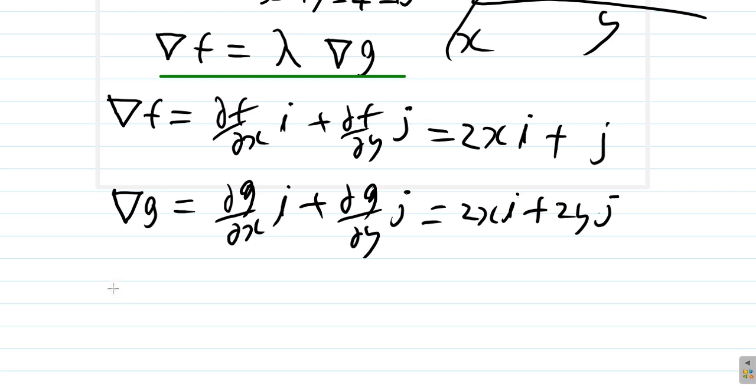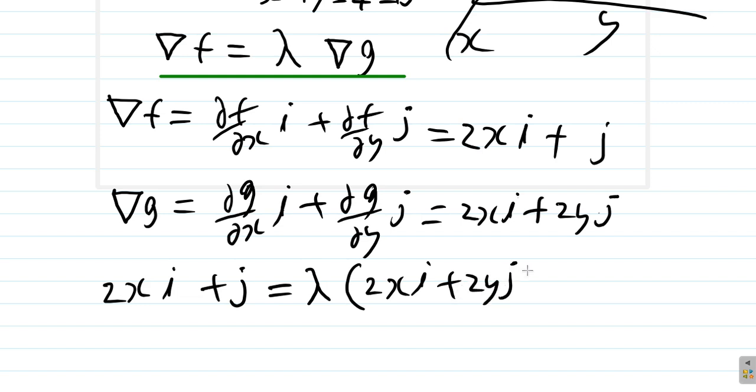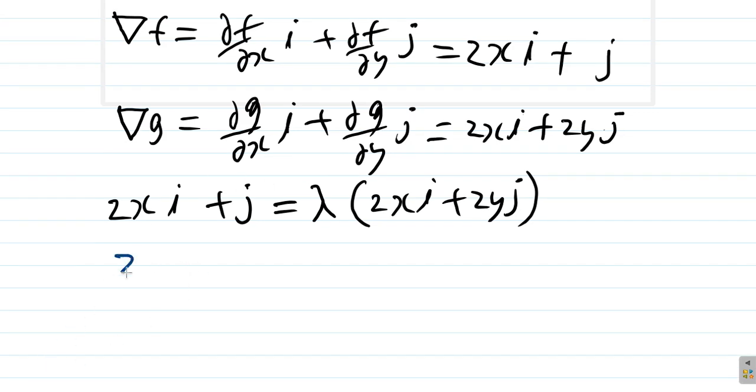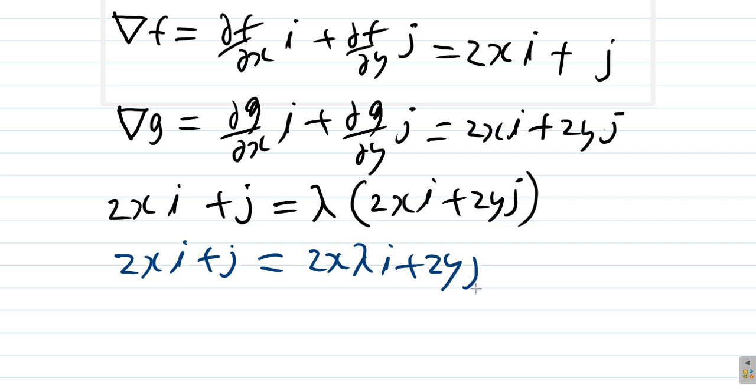You have delta f, which is 2xi plus j, equal to the Lagrange multiplier times 2xi plus 2yj. Good. Then we could just rewrite it as 2xi plus j is equal to 2x lambda I plus 2y lambda j. Alright? So that's what you have.